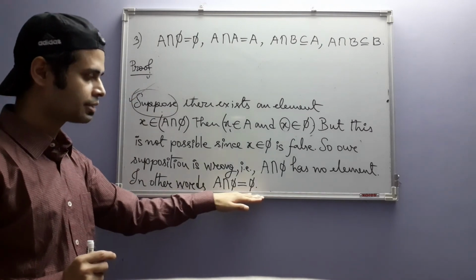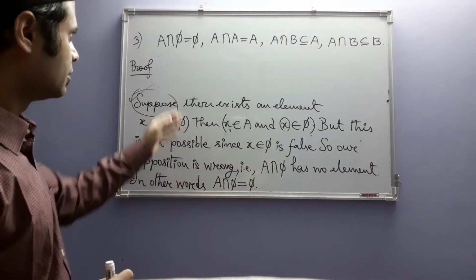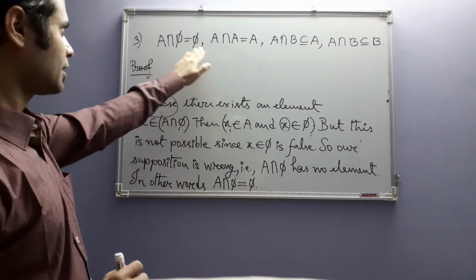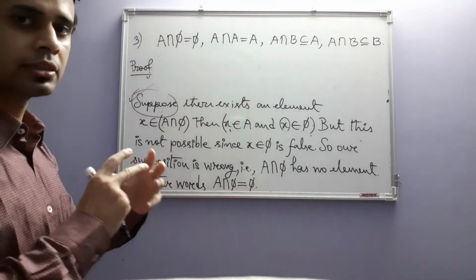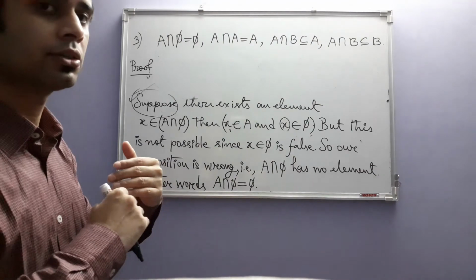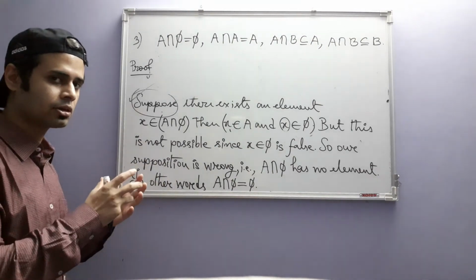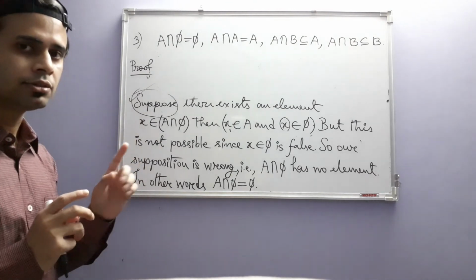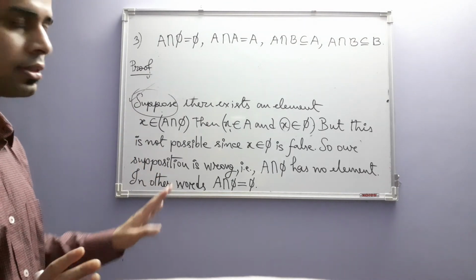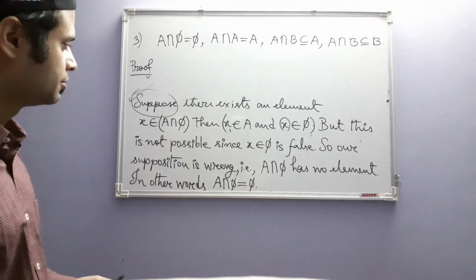Actually, it gets the job done. So this way you can see that you don't always have to, like a robot, show that this is a subset of that, that is a subset of this. No, you have to understand if the proof can be made shorter, then shorter means better, provided you don't leave out details in the proof. I mean, you don't leave out anything.